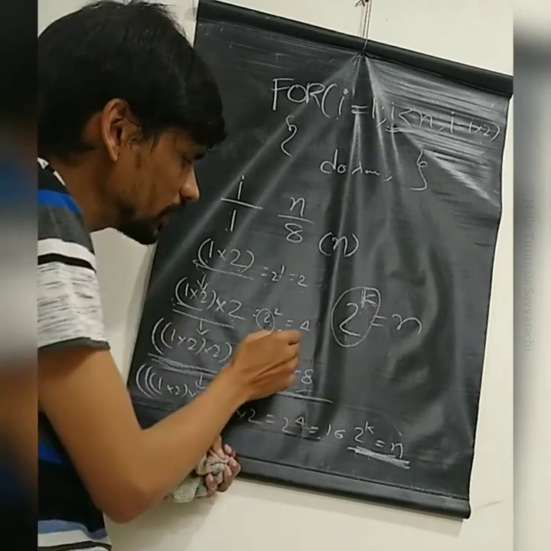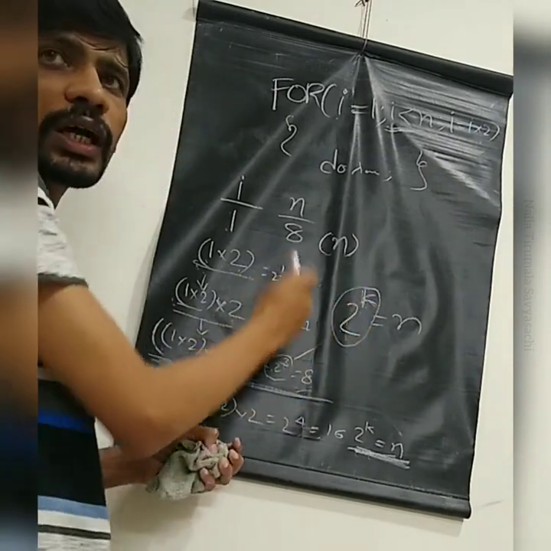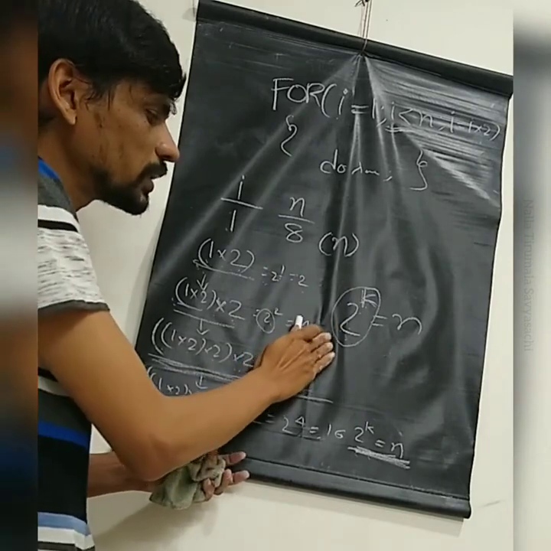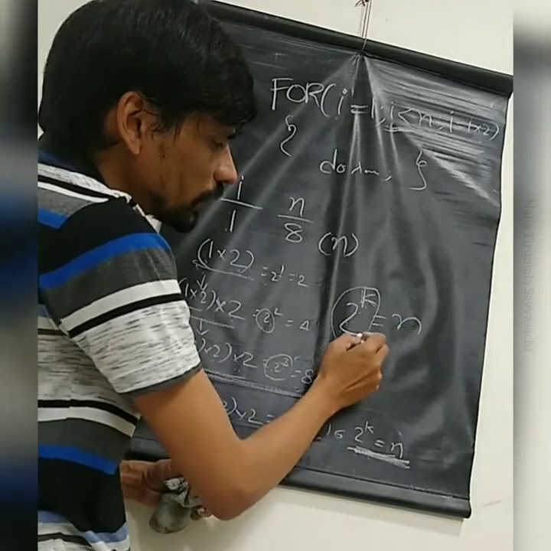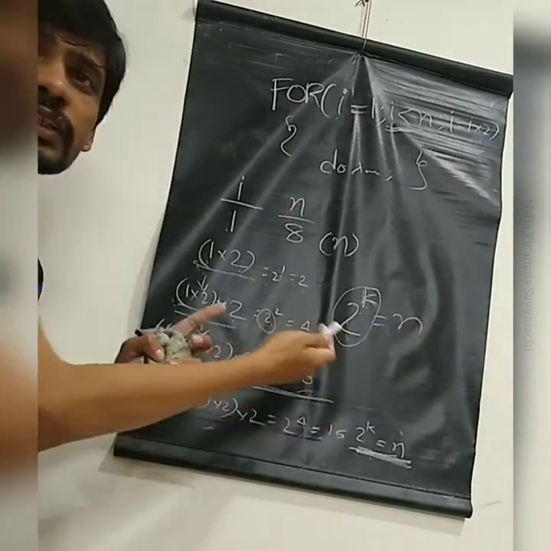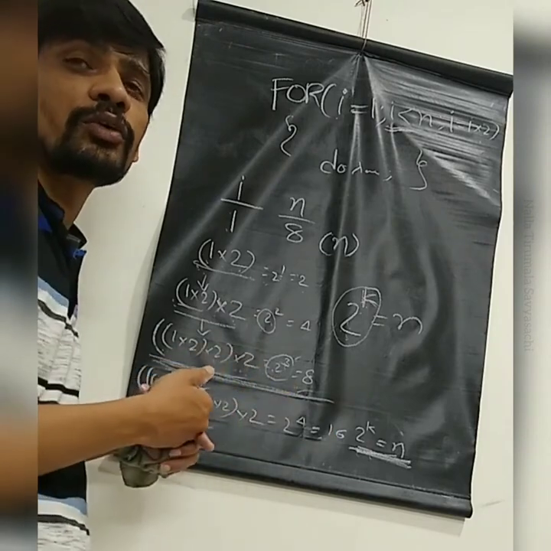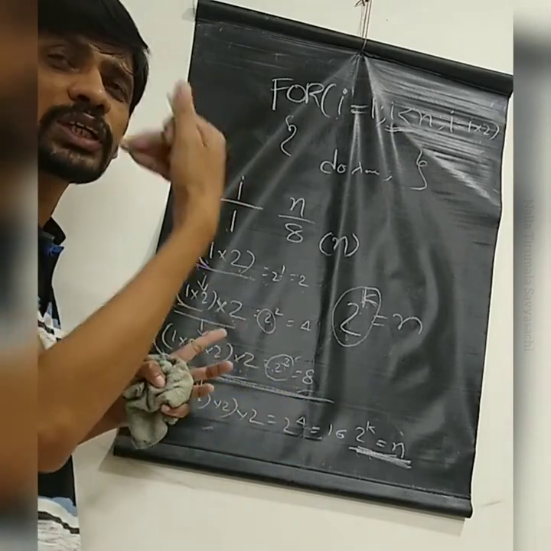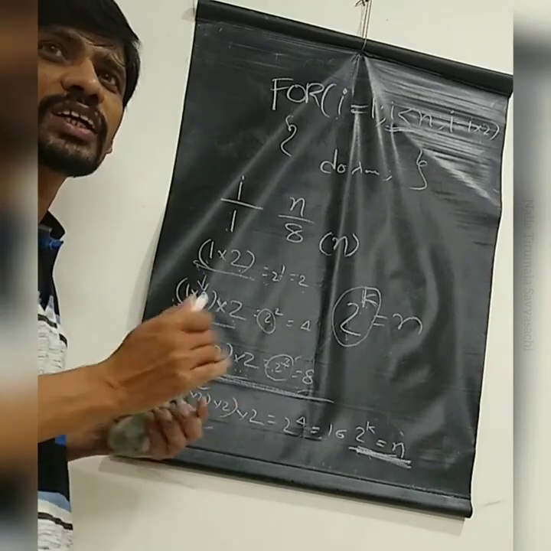So k is 3 in this case, when n is 8. Now if you observe, 2 power k equals n can also be represented in logarithmic form, right? Initially when we started, we learned about logarithms, right?